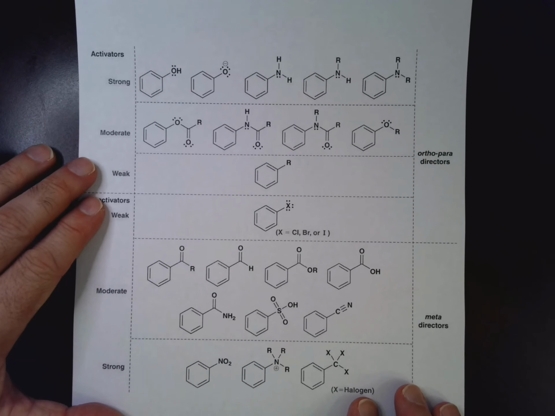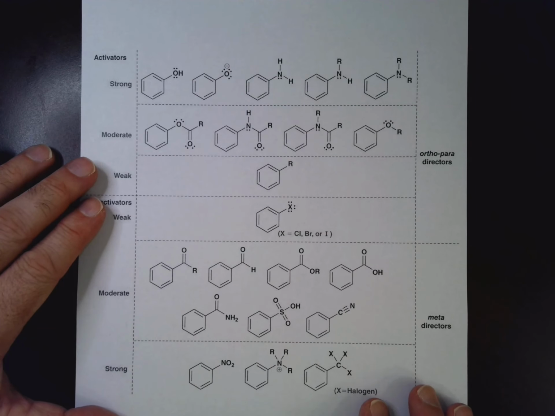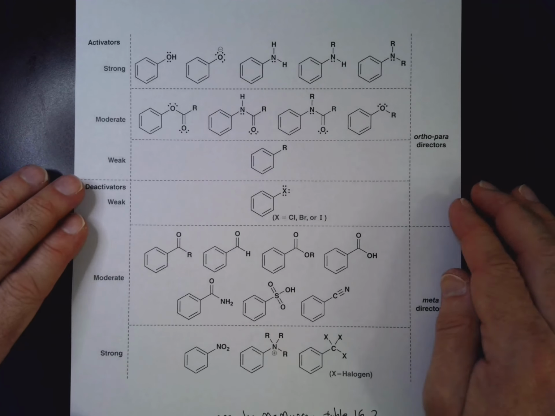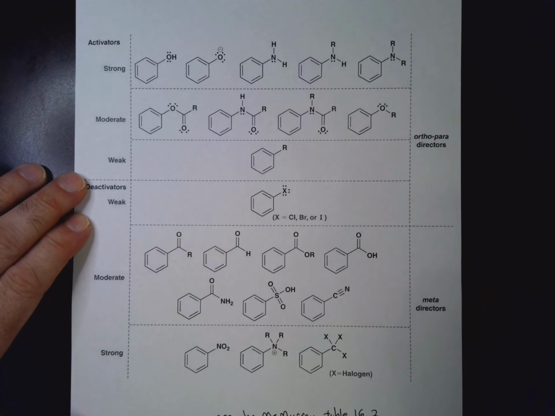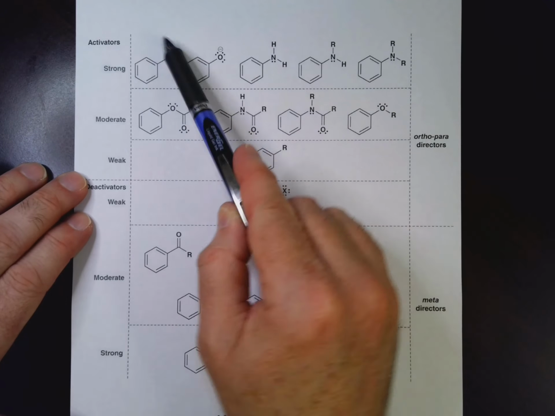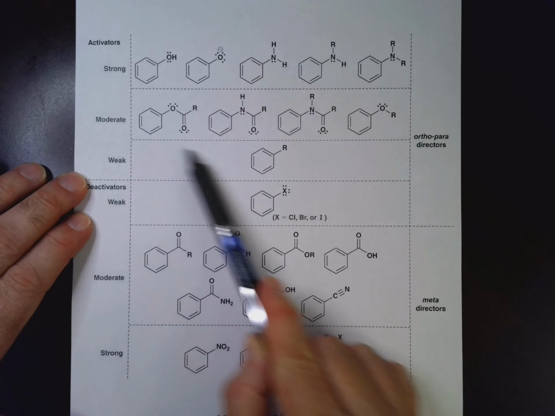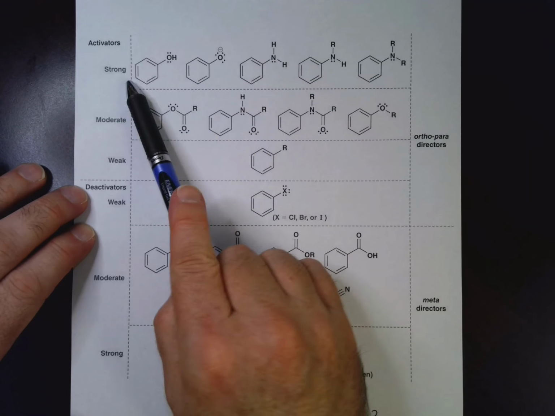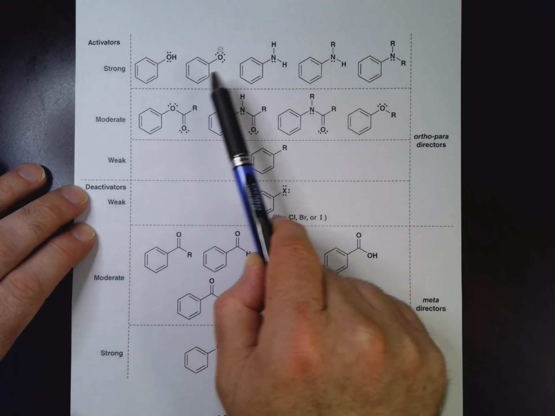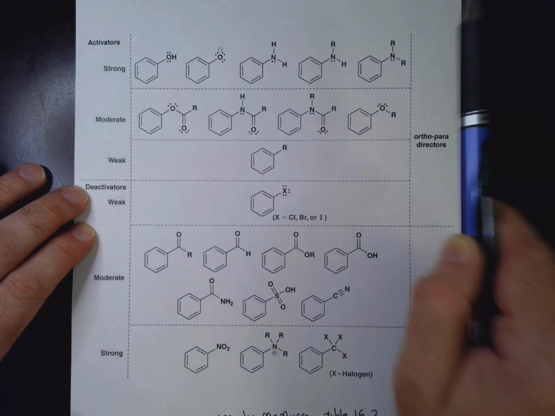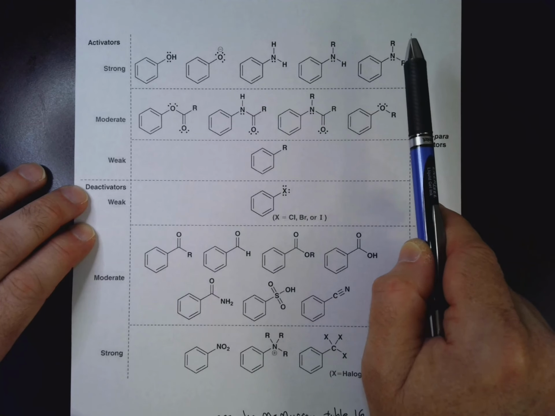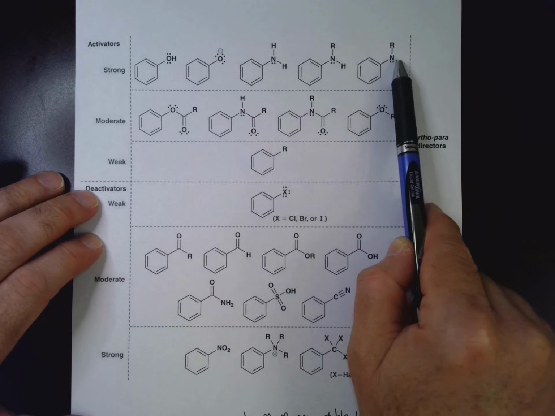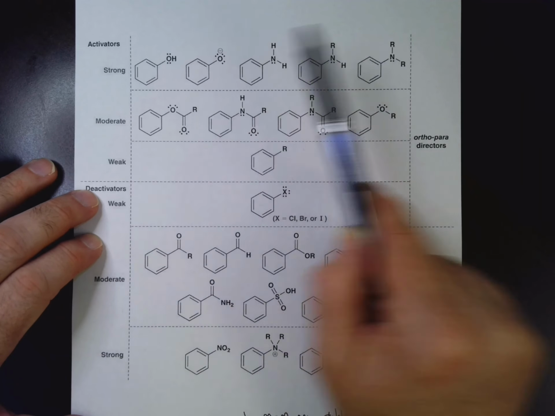But this is from the Klein text, and I kind of like it because it sort of has everything on it, and it captures where everything stands. So we have our activators, which are these up here, so above this line. And these include strong activators, so things like phenol, aniline, substituted anilines, phenoxide, very activated.